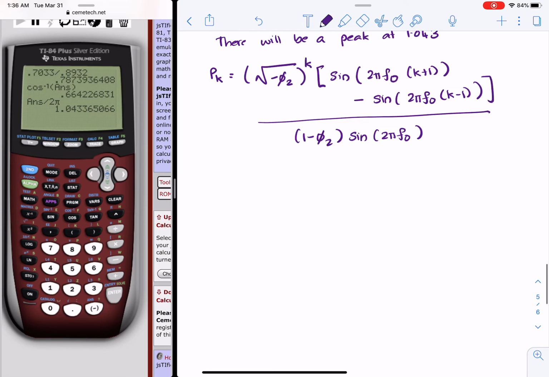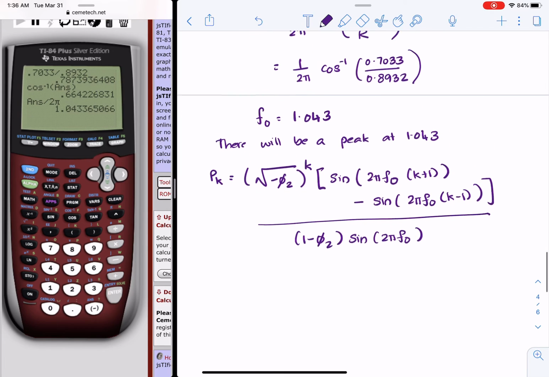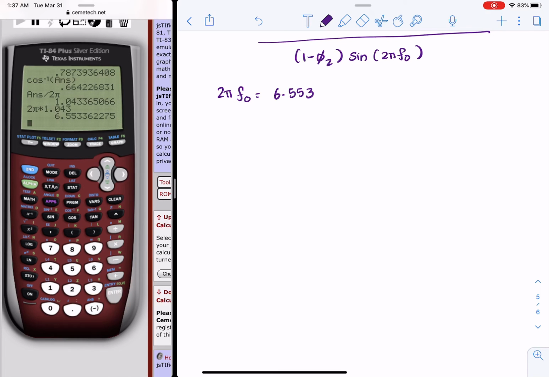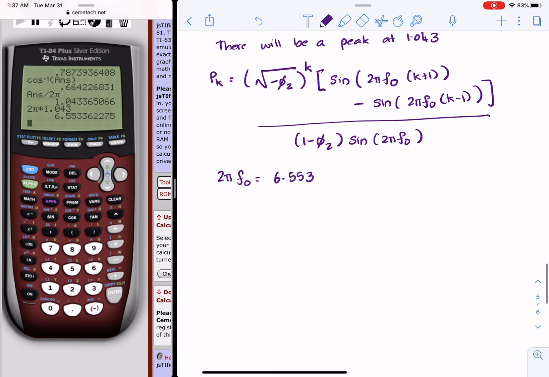So we have f naught to be 1.043, so 2 pi f naught is 2 pi times 1.043, which gives us 6.553.